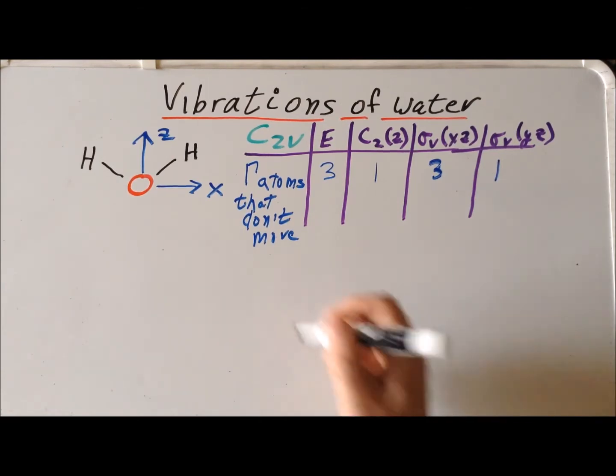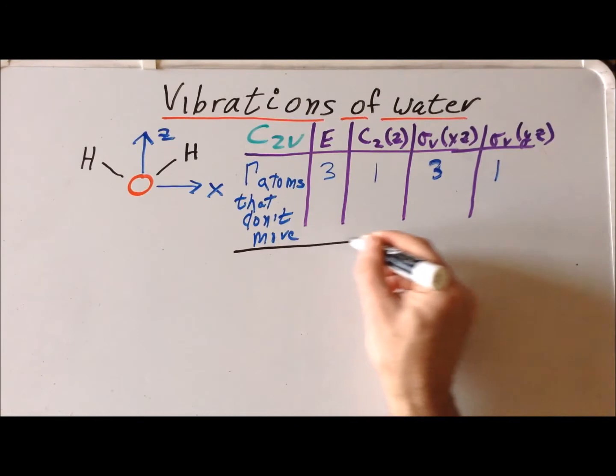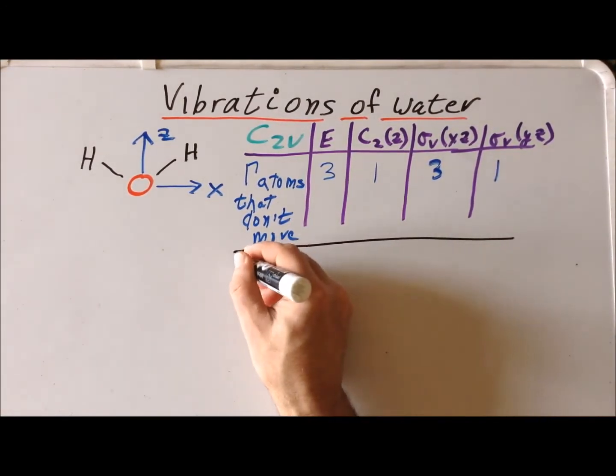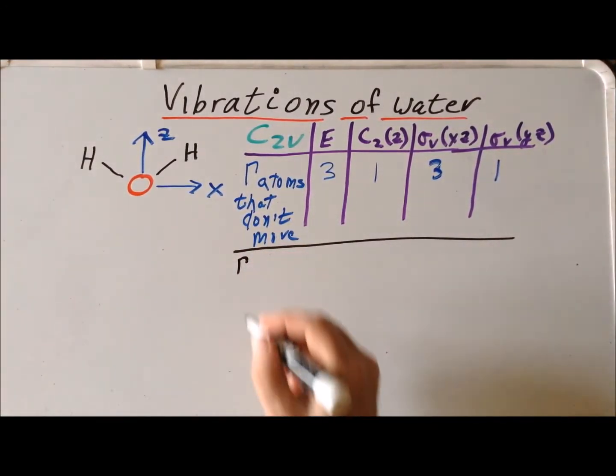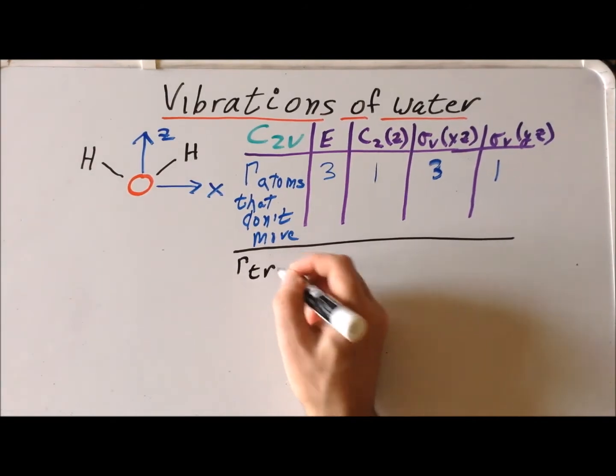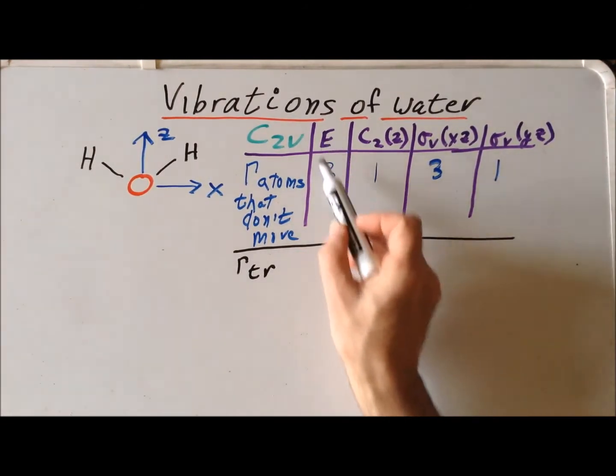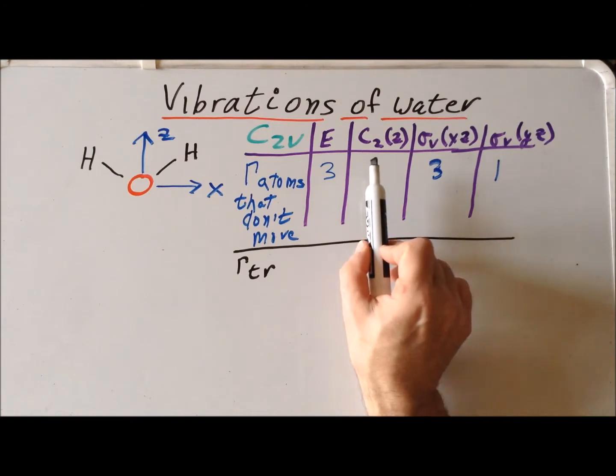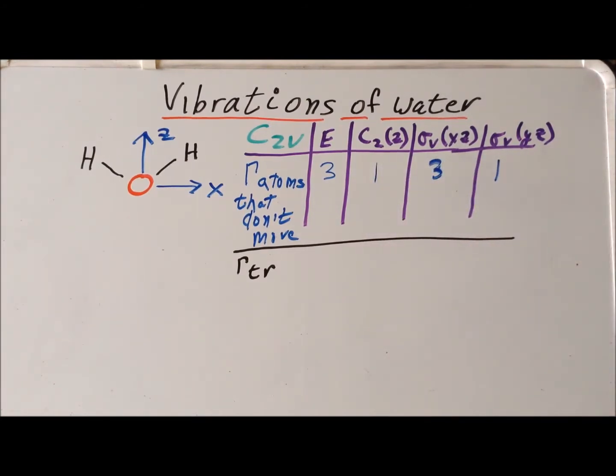For the second line, here we have another representation, and this gives us the values of the trace for the 3x3 matrices that define each of these symmetry operations.